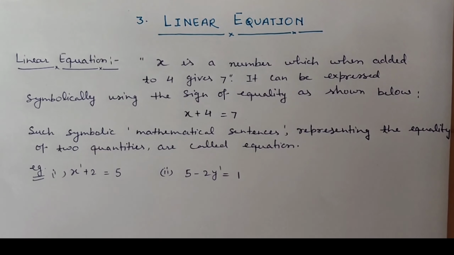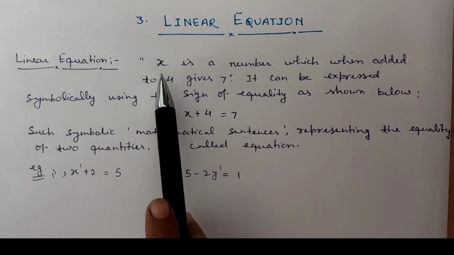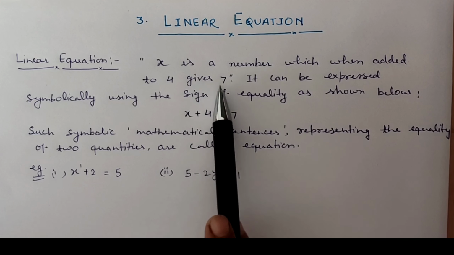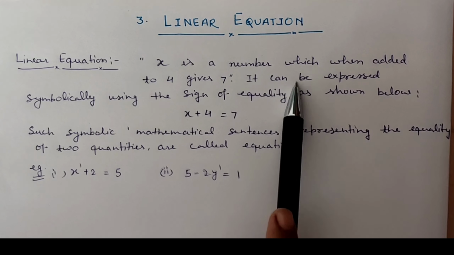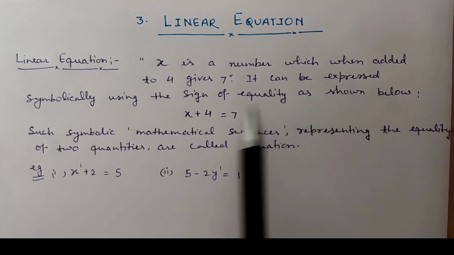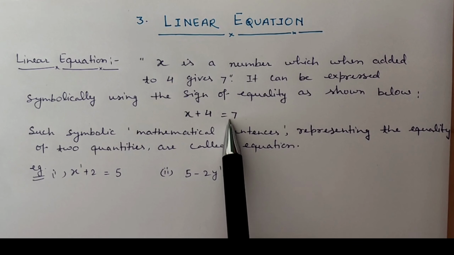So here the example is, if x is a number which when added to 4 gives 7, it can be expressed symbolically with the sign of equality as shown below. Here x plus 4 is equal to 7.